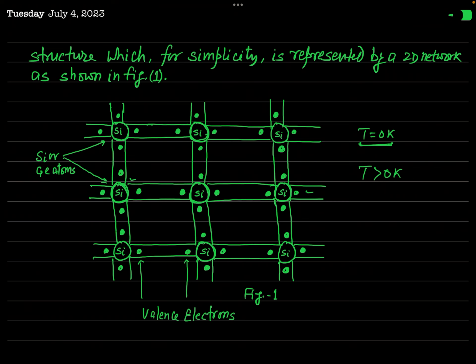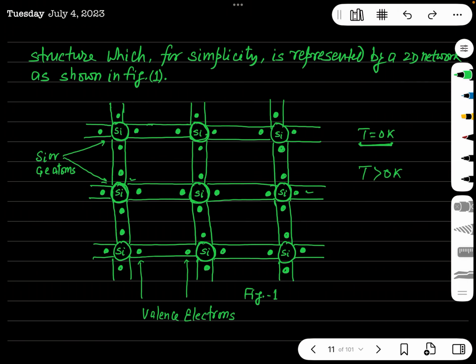So let us consider that this bond is broken. When this bond is broken, there will be a vacancy at the site of this electron, and this electron will be detached from it. So this is the free electron after the breaking of the bond.